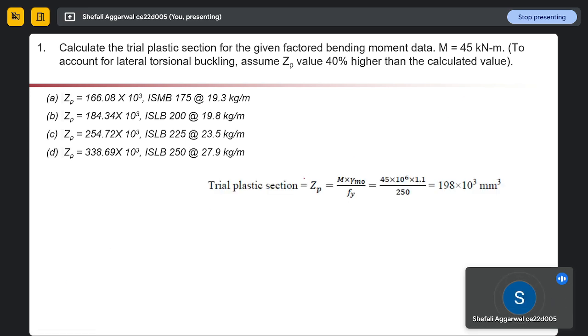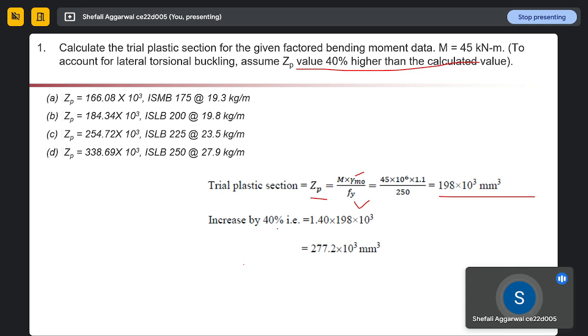Okay, so to calculate, ZP is M into gamma M0 divided by Fy. Nothing is given, so we take Fy as 250, normally we take that only. And gamma M0 for our laterally unsupported beam is given as 1.1. Using this, we calculate ZP as 198 into 10^3 mm³. Next, it is given that we have to increase this by 40%.